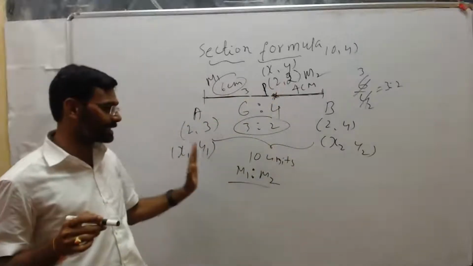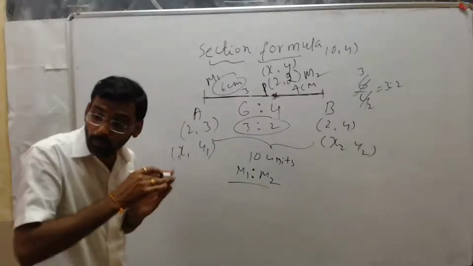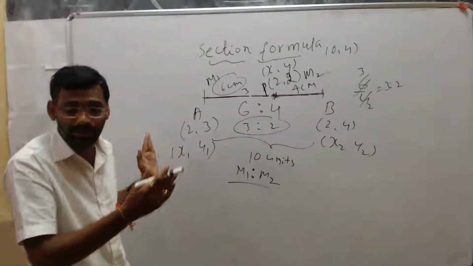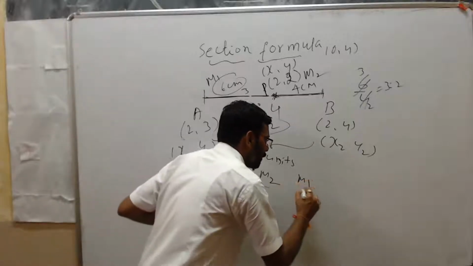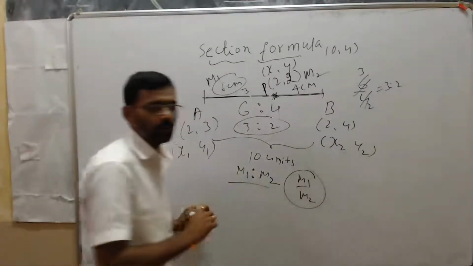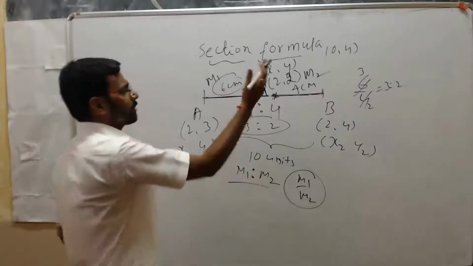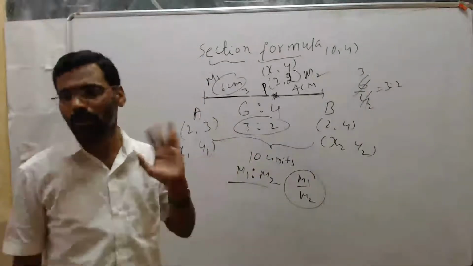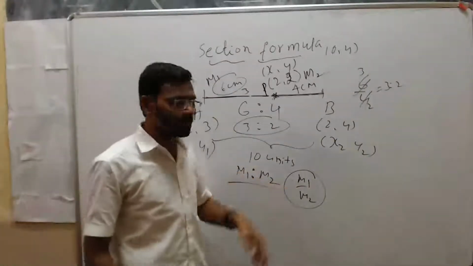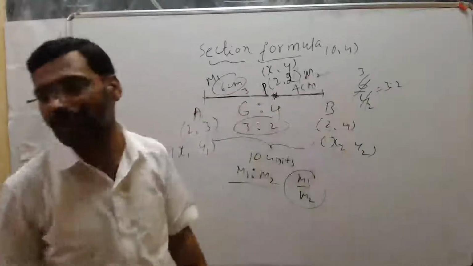M1 is to M2, how can we write it? M1 divided by M2.